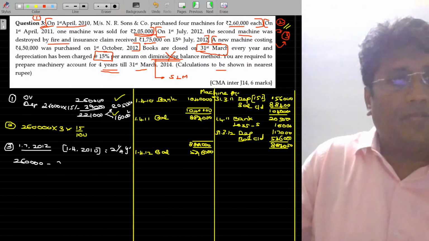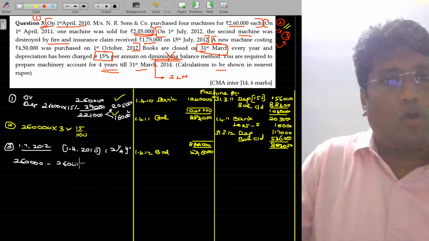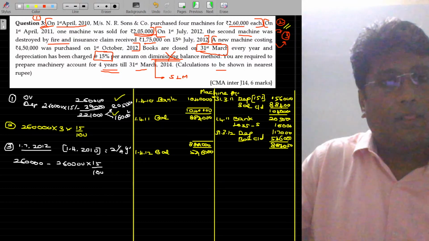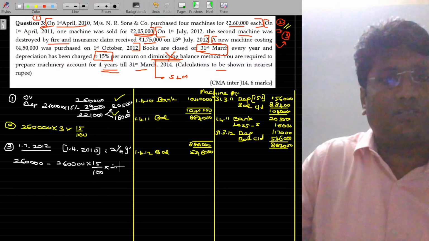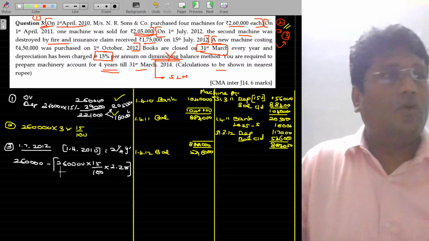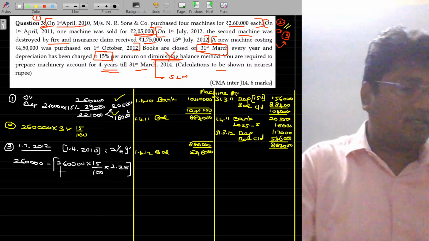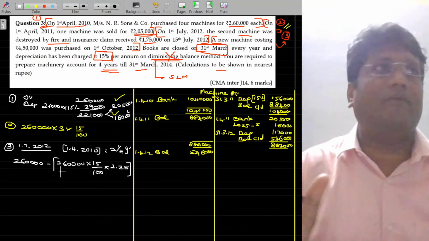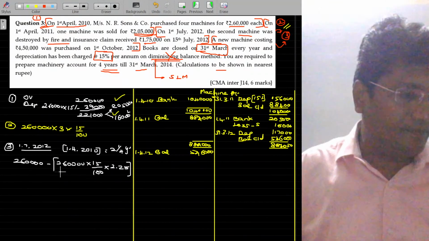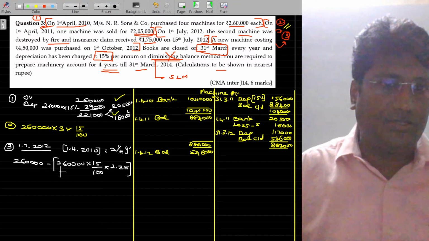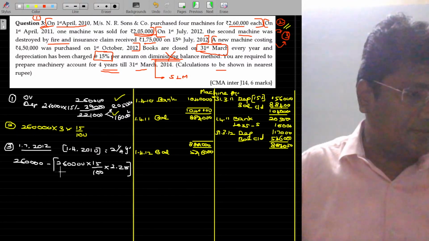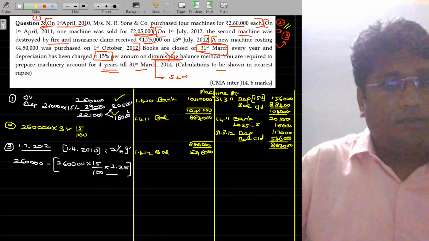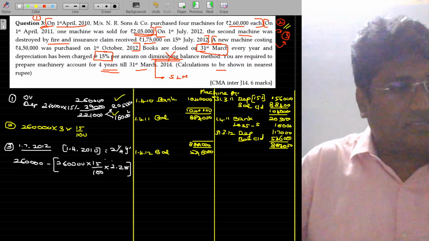You can now claim the depreciation for this for 2.25 years directly. As it is the straight line method of depreciation, you can get the value directly: 2,60,000 into 15% into 2.25 years, 87,750.